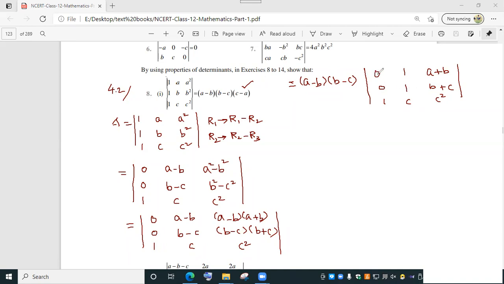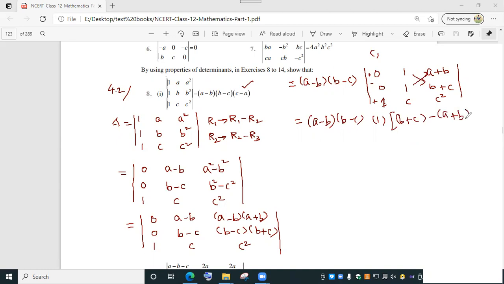Wherever more zeros are there, along that row or along that column, we can expand it. You can see that in the first column, there are zeros. So along the first column, if we expand, the signs are plus, minus, and plus. So we get a minus b, b minus c, and 1 is common. When you take 1, this will multiply with this, so this will become b plus c, and minus this into this, a plus b into 1.